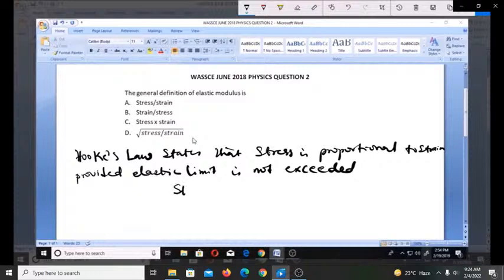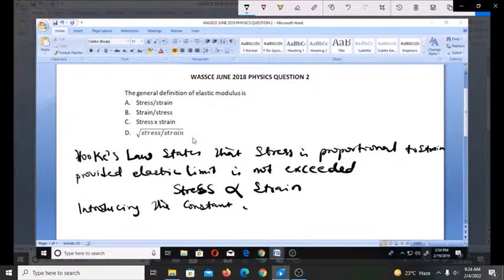If you want to put it mathematically, you say stress is proportional to strain. And once you have such mathematical representation, you can introduce a constant. So introducing the constant of proportionality, very, very important.